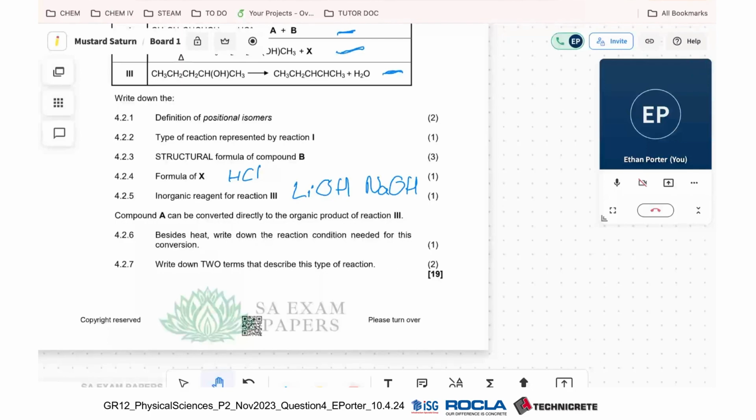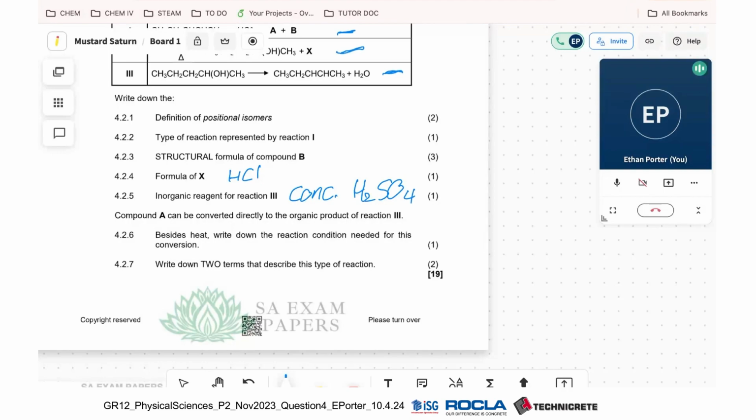Oh, my mistake. Sorry, I got a bit confused here. In order to convert this alcohol back into an alkene, it's not strong base, it's strong acid, specifically concentrated sulfuric acid, H2SO4. Then the strong base comes in for converting the haloalkane directly back into the alkene.